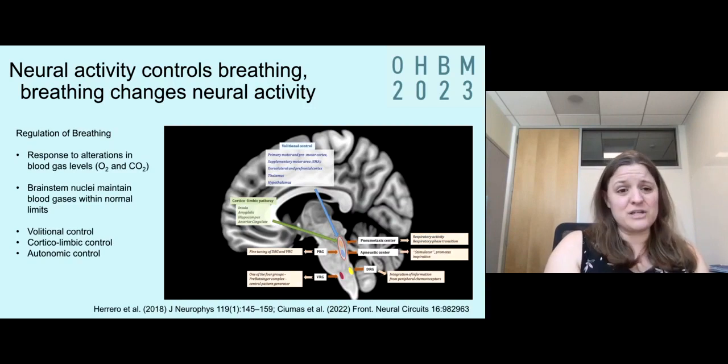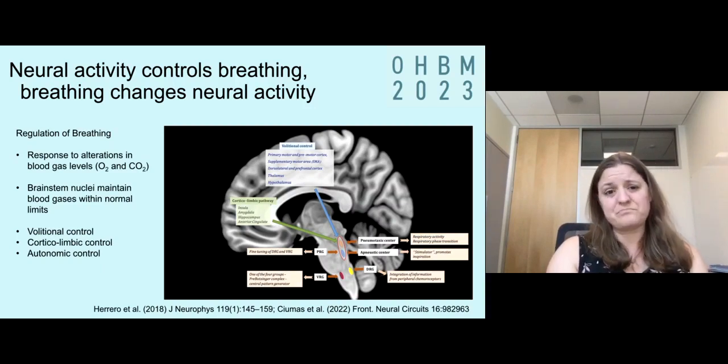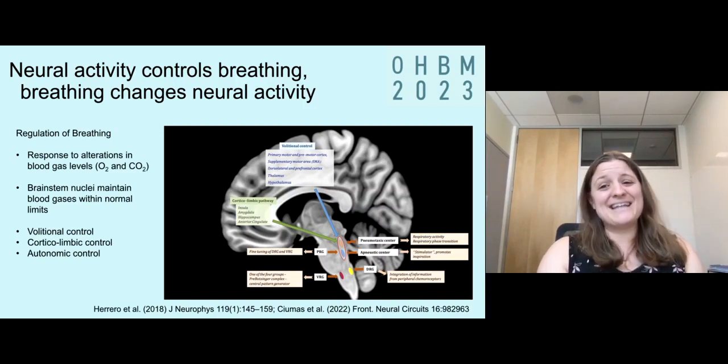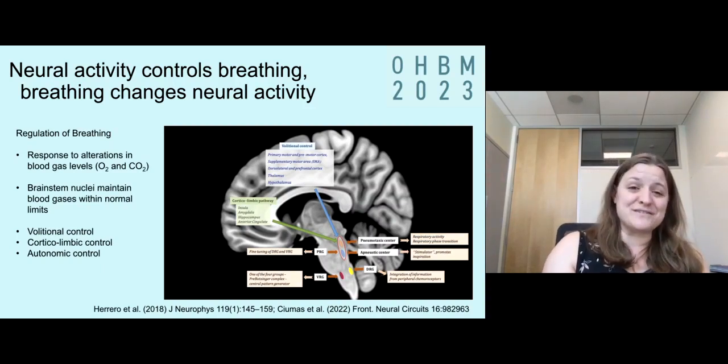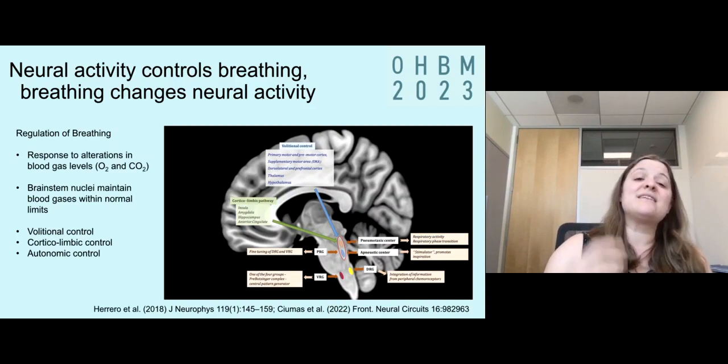There's volitional control of breathing, cortical limbic control of breathing, autonomic control of breathing. I'll point you to these papers for more information. But any task that we ask people to do related to breathing, or any drivers of subconscious breathing changes, probably are involving many areas of the brain in a neural capacity, as well as then influencing vascular physiology.